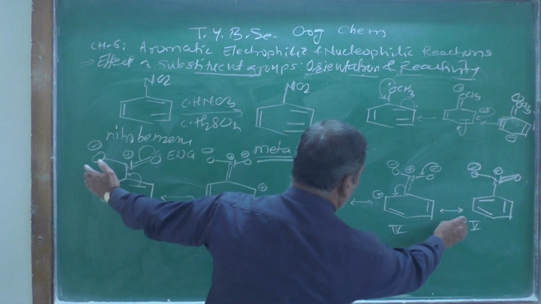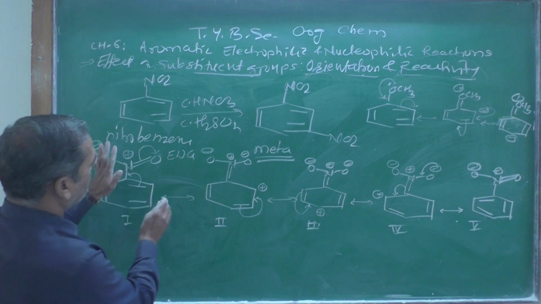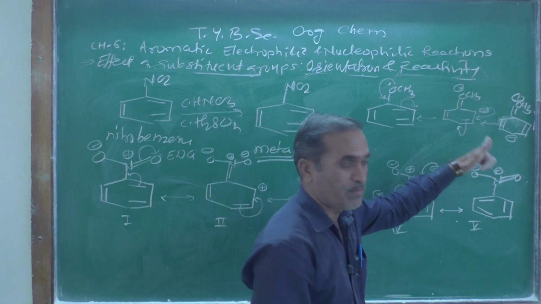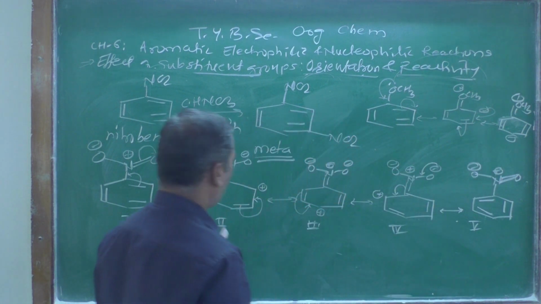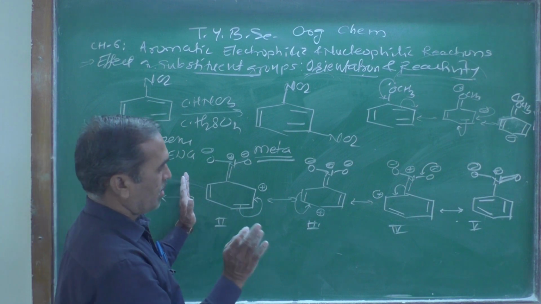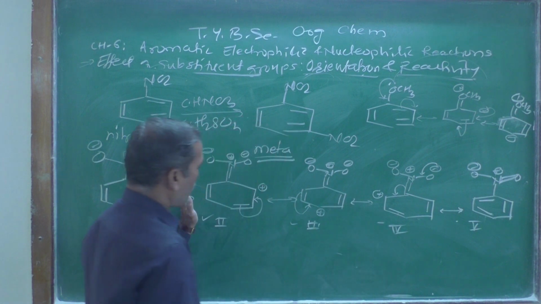First and fifth, they are identical, there is no change, but in this case the double bond is on the right hand side, in this case the double bond is on the left hand side. Okay, leave those 2 structures. Now concentrate on structures number second, third and fourth. What do you see?